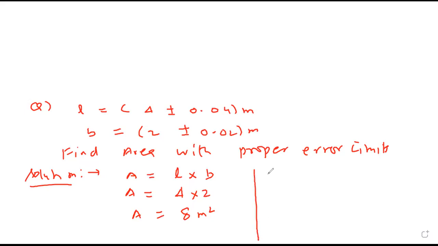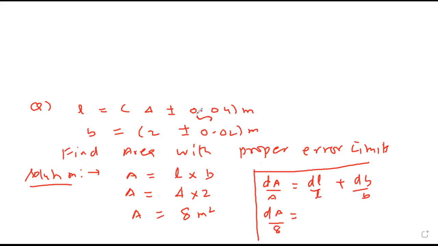Now relative error dA upon A is equal to dL upon L plus dB upon B. A we got 8. dL is 0.04 and L is 4. dB is 0.02 and B is 2. So dA upon 8 equals 0.01 plus 0.01.